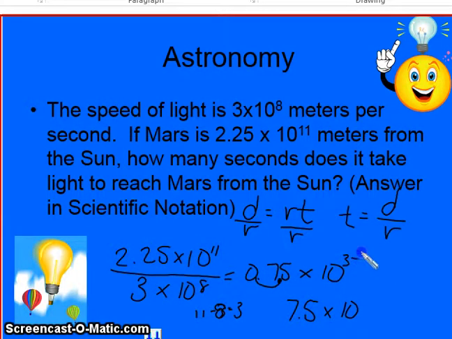So I'm going to have to subtract 1 from the original exponent. So I have 7.5 times 10 to the 3 minus 1, which is 2. And that's the answer in time in seconds. So it takes 7.5 times 10 to the 2nd seconds to reach Mars from the Sun.